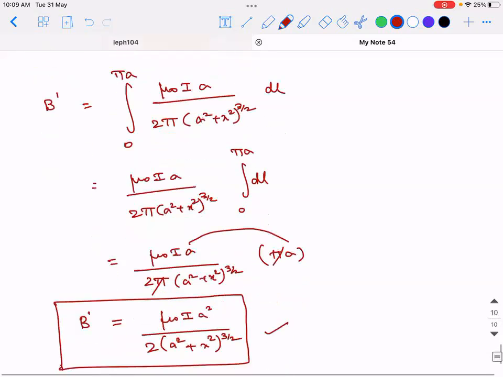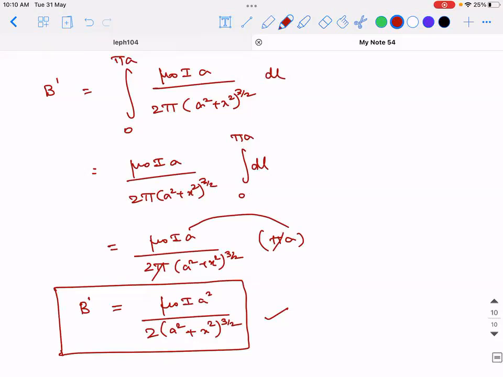Did you guys copy it? Which paper? This one, huh? This you can take it tomorrow.